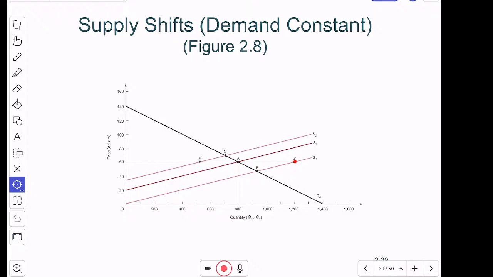and this much was supplied, but at that high price only this much was demanded. To induce consumers to purchase, suppliers might lower the price, right? And then that will bring consumers into the market.